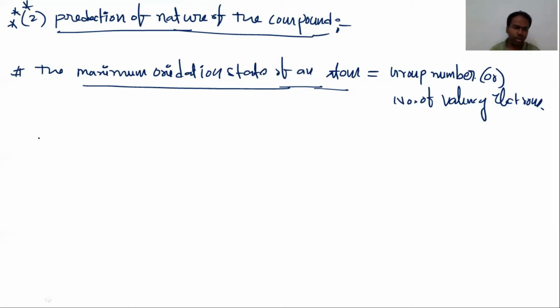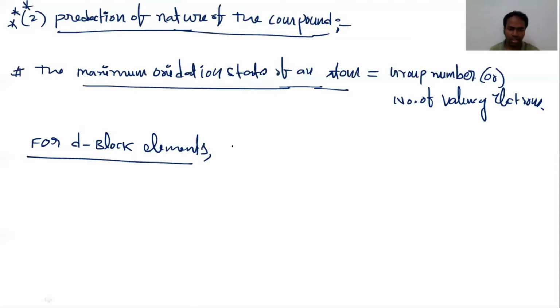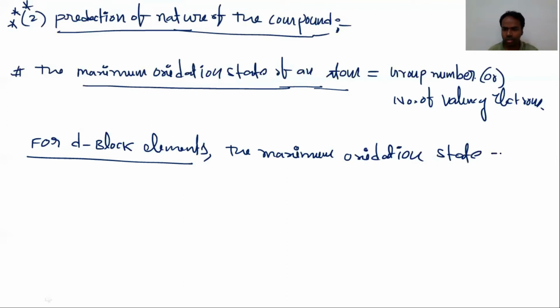But for D block elements, the maximum oxidation state is equal to the sum of Ns and (N-1)d electrons.